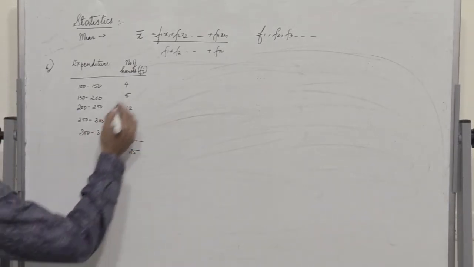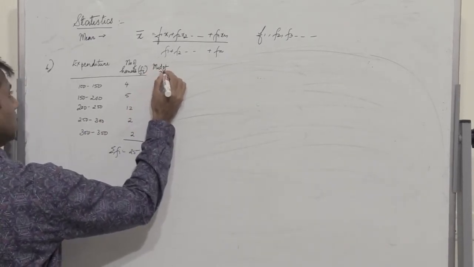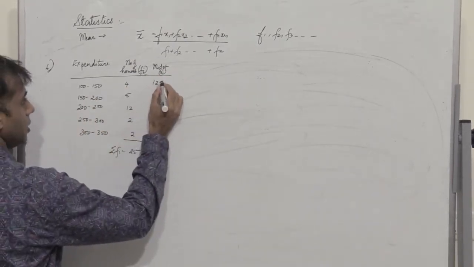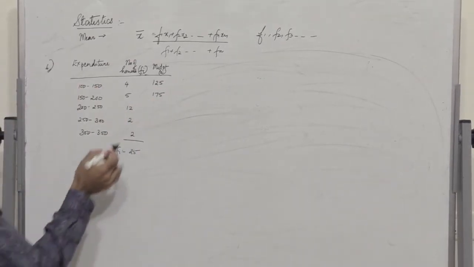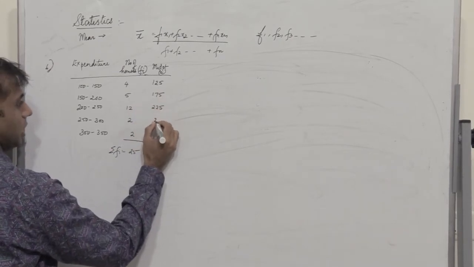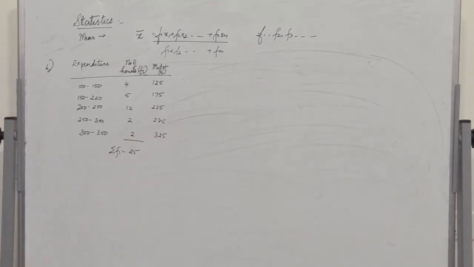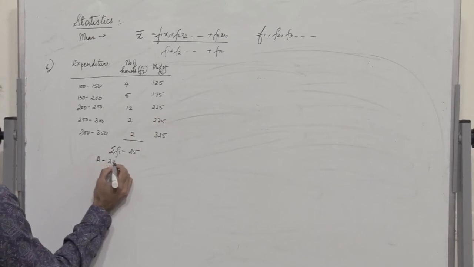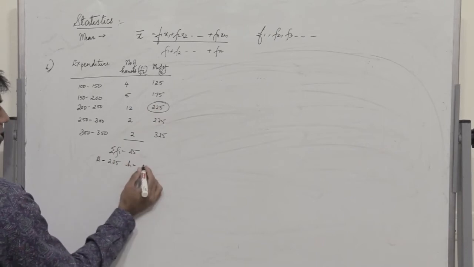So now let's try to find the midpoint. So the midpoint xi is 100 plus 150 by 2, which is 125. So this is 175. Since the range is 50, you go on adding 50 to the previous midpoint to get the next midpoint. So this is 225, 275 and 325. So here again A is 225 and the value of H is 50.